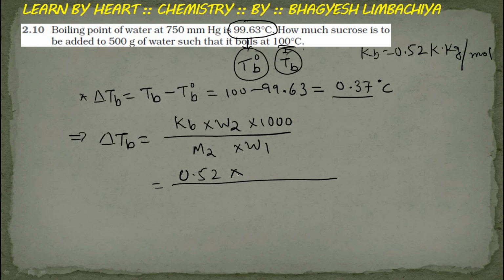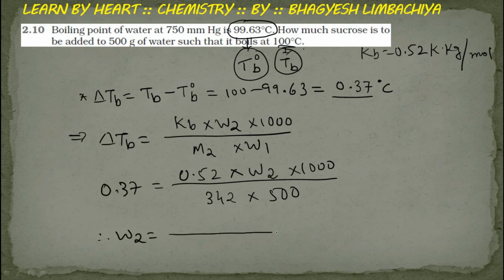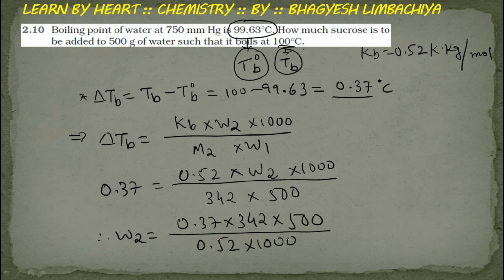Multiplied by W2, that is asked, into 1000. M2 of sucrose is 342, it has molecular mass, and W1 500 gram, and delta TB 0.37. So W2 equals 0.37, 342, 500, 0.52 and 1000, and the answer is 121.7 gram.